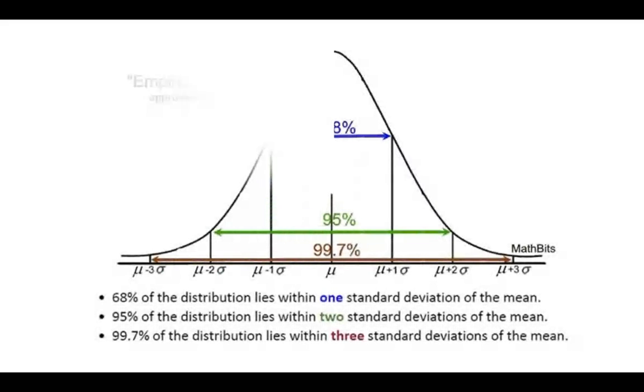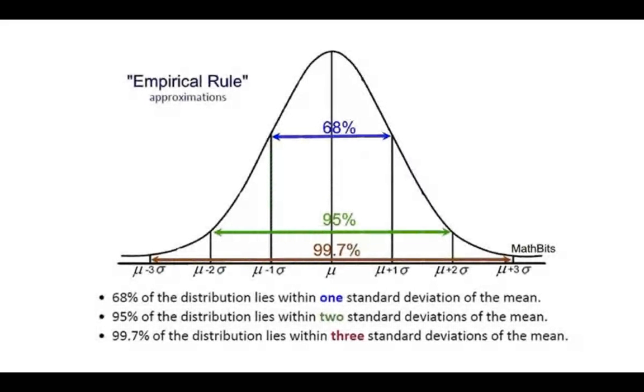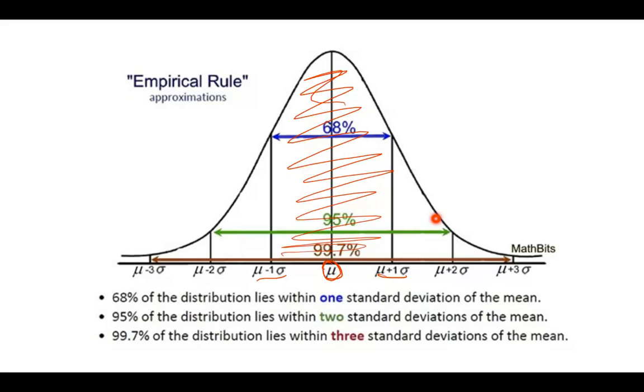All right, so here's a graphical illustration of what we just said. This is the empirical rule. If we've got the mean in the middle here, and we add one standard deviation and subtract one standard deviation, within that interval 68% of the data would lie within plus and minus one standard deviation of the mean.